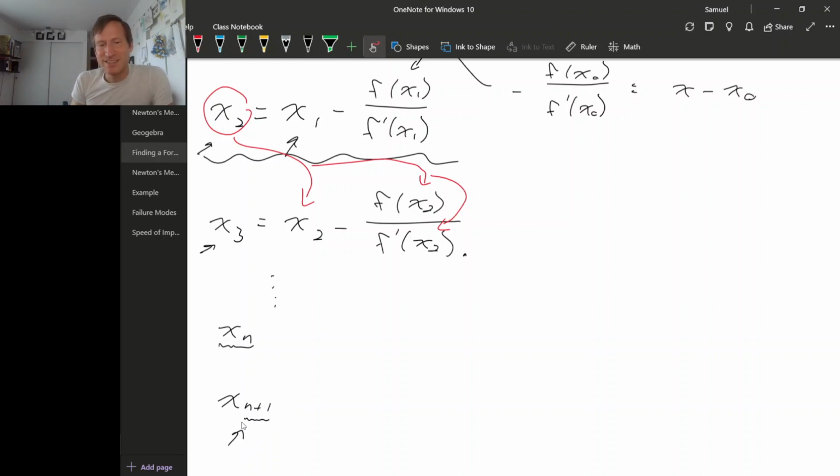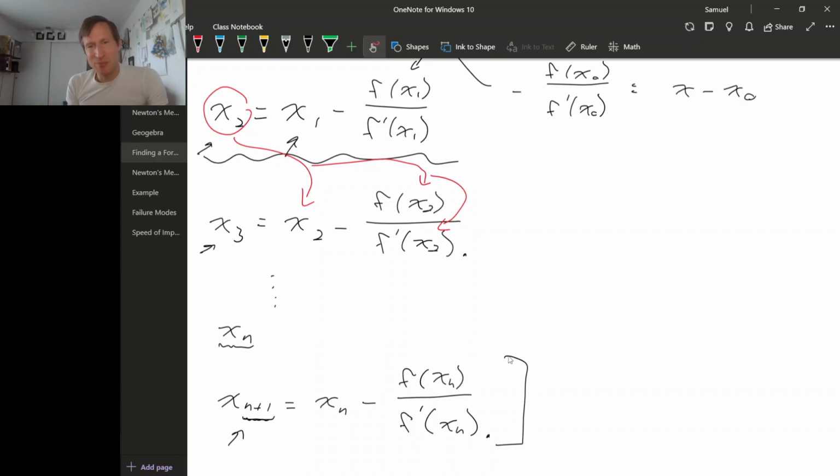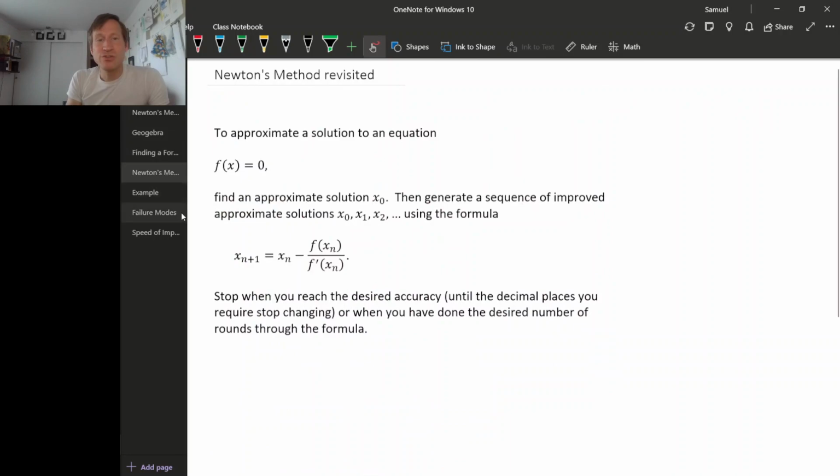So what we're saying is, to get the next step, you take the previous step and then subtract f of the previous step over f prime of the previous step. All right. So this formula, although it came from the geometry of sliding down the tangent line until you get to the x-intercept, this formula is what people usually call Newton's method. So Newton's method looks like this.